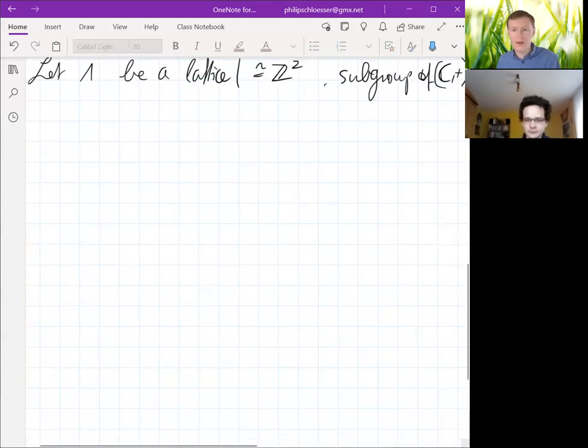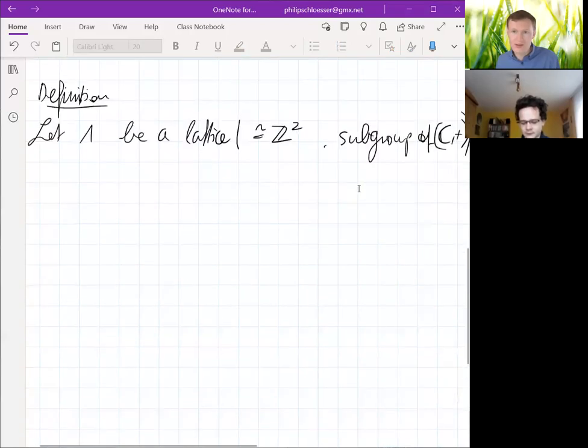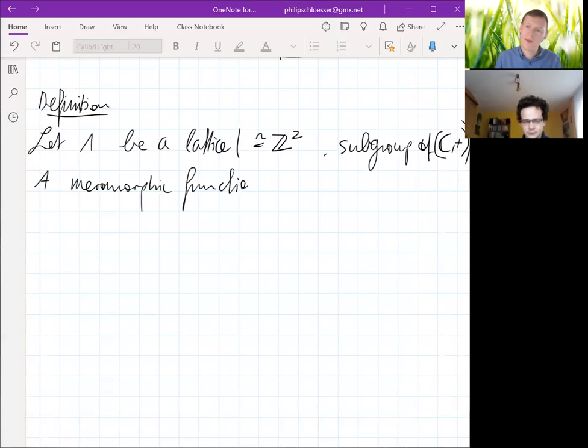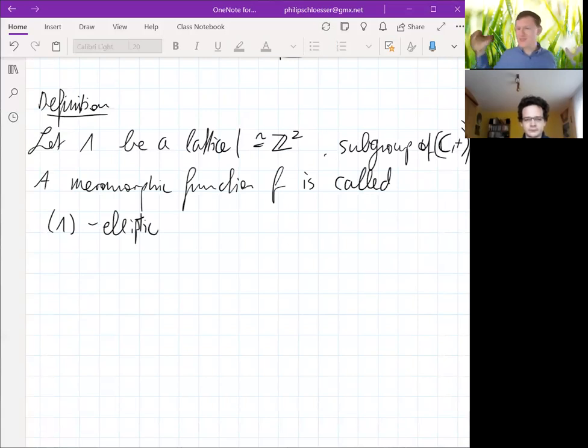A meromorphic function f is called elliptic, or capital lambda elliptic, because why not carry that information around, if lambda is a subset of lambda f.